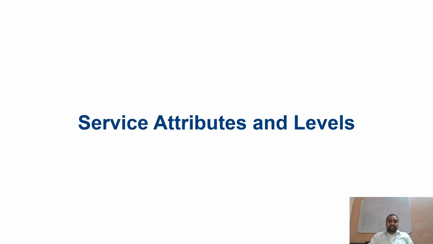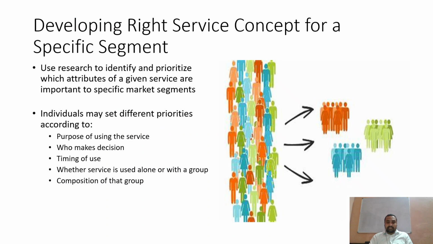Now, let us try to understand the service attributes and levels. First and foremost, how do we develop the right service concept for a specific segment? We need to have extensive research to understand which attributes of a given service are important to the specific market segment.